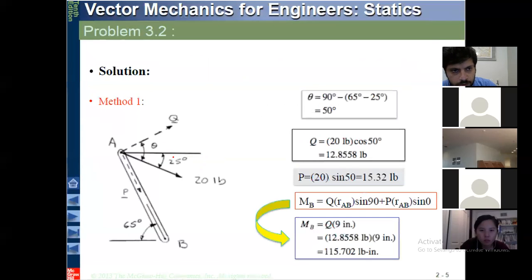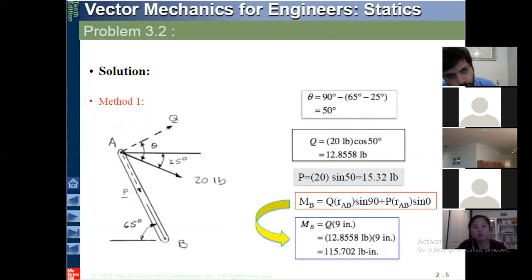So what we're going to do here, this is the free body diagram. You have the force, and first you have to make your coordinate system. Imagine, for example, this is the x direction along line AB, and Q is perpendicular to AB.